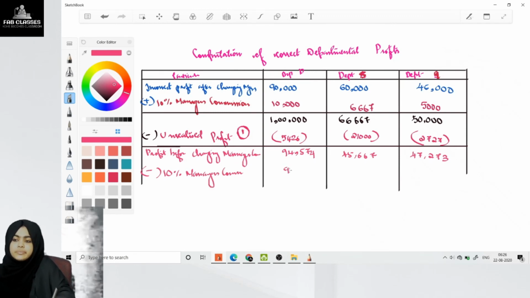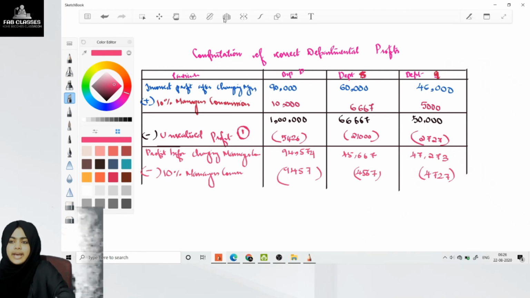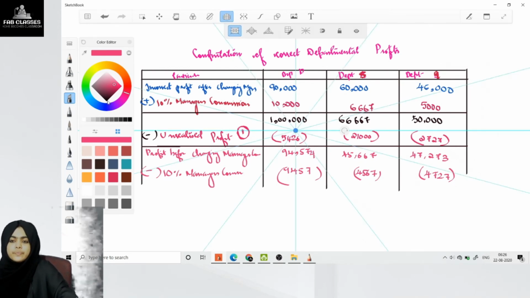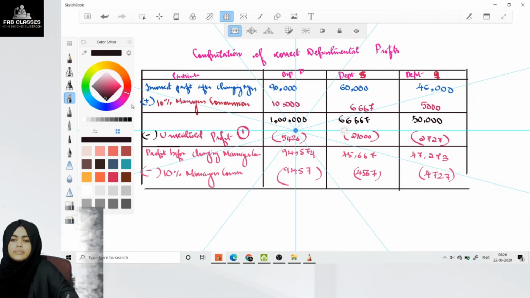So 10% means 9,457, 4,567, 4,727. These are being subtracted, and now we will get the actual net profit value.